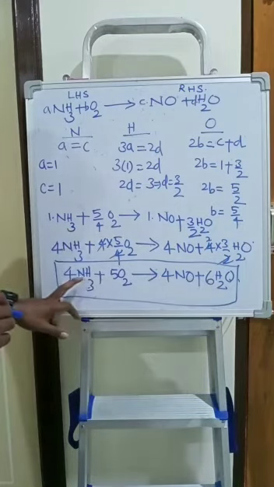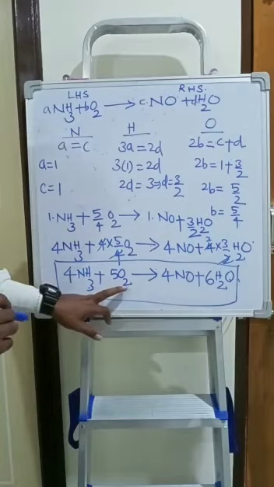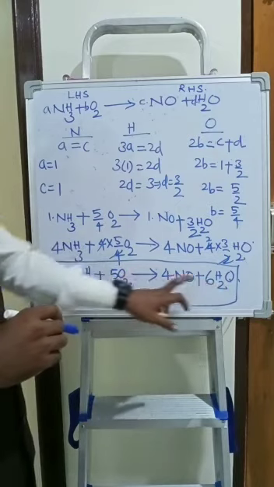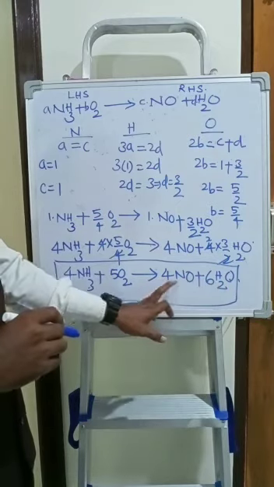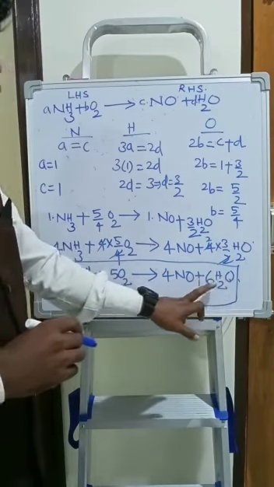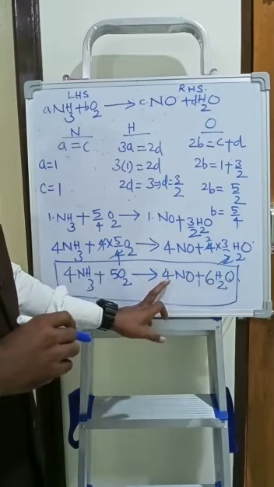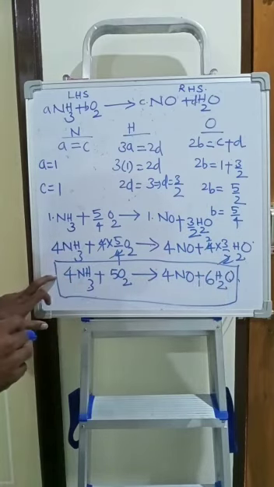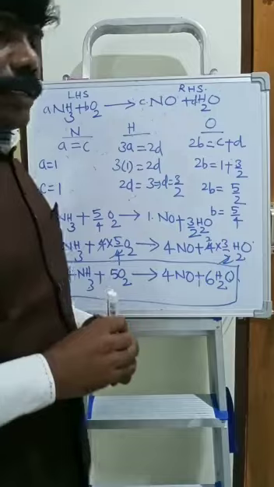For oxygen, 2 into 5, 10 oxygen atoms on the left hand side. Here also 1 into 4, 4 oxygen atoms plus 1 into 6, 6 oxygen atoms, 4 plus 6, 10 oxygen atoms. So this became a balanced chemical equation.